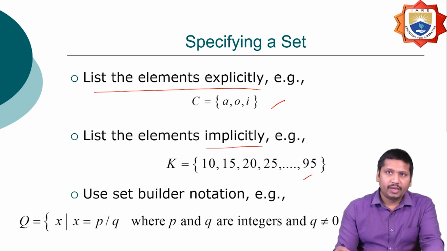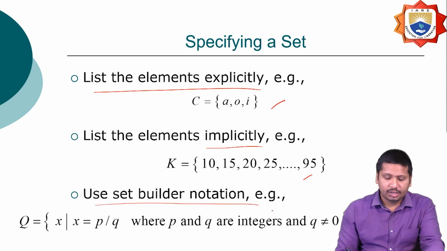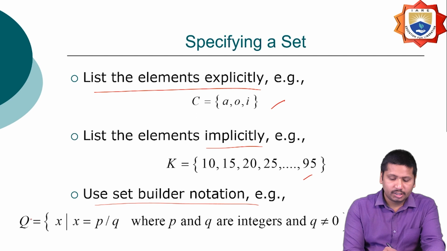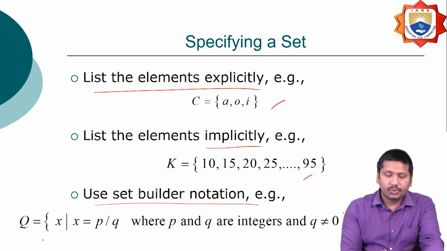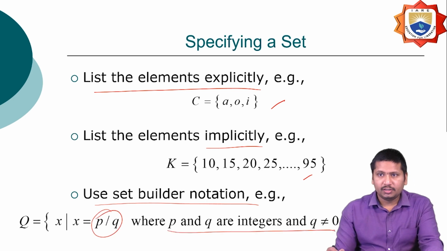We can also represent a set using set builder notation, which can be written as Q = {x : x = p/q, where p and q are integers and q is not equal to 0}. This is what we call set builder notation.